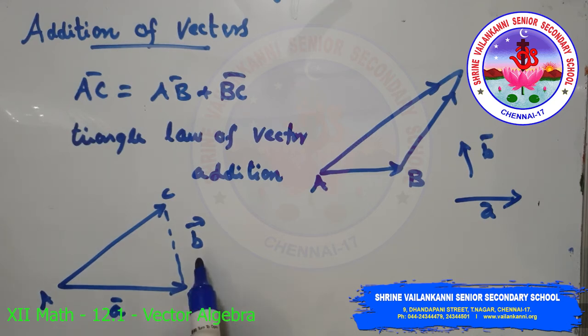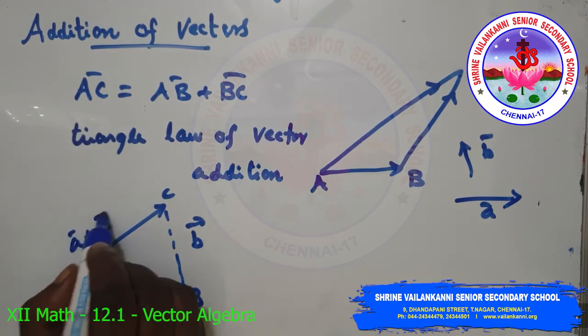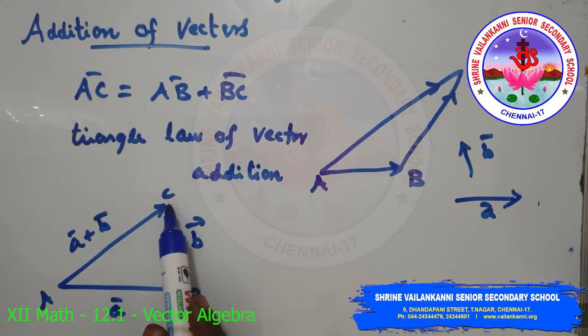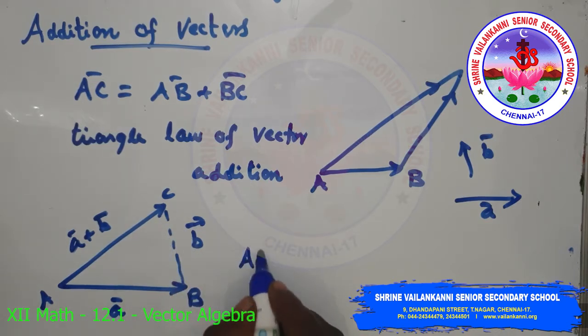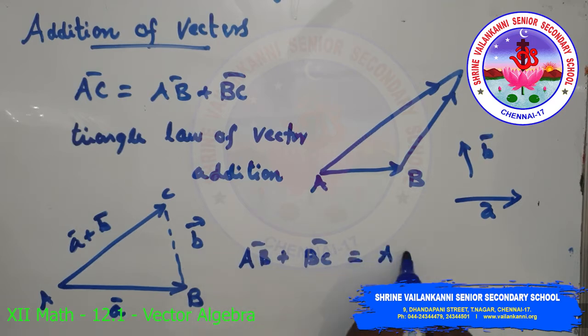We have shifted vector B without changing its magnitude and direction so that its initial point coincides with the terminal point of A. Then the vector A plus B is represented by the third side AC of the triangle ABC, which is the sum of the vectors A and B. In triangle ABC, we have AB plus BC equal to AC.